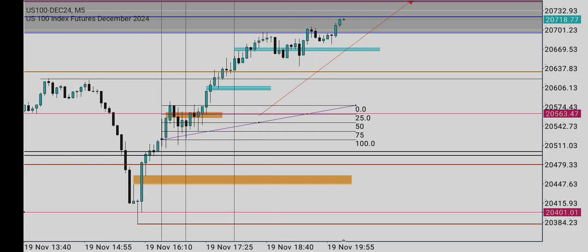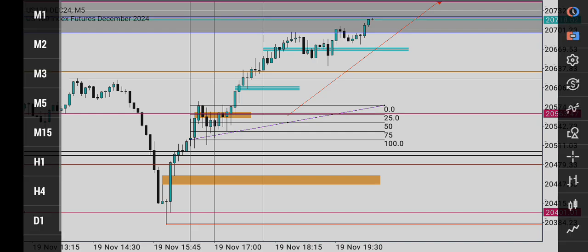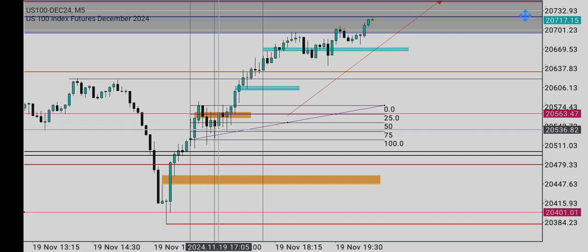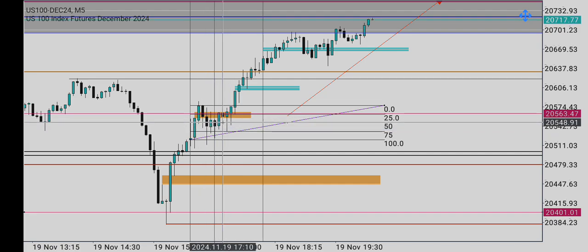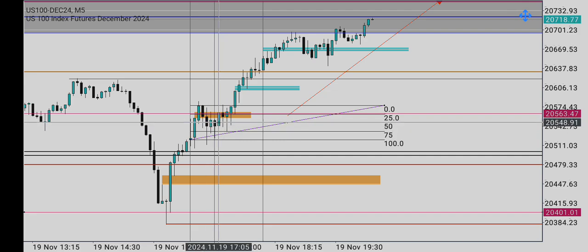So let me take you to the 5 minutes. This was my trade. It went from accumulation at this area, right? The price was accumulating, and it wasn't good for entry. But afterwards, let me go to the 1 minute.